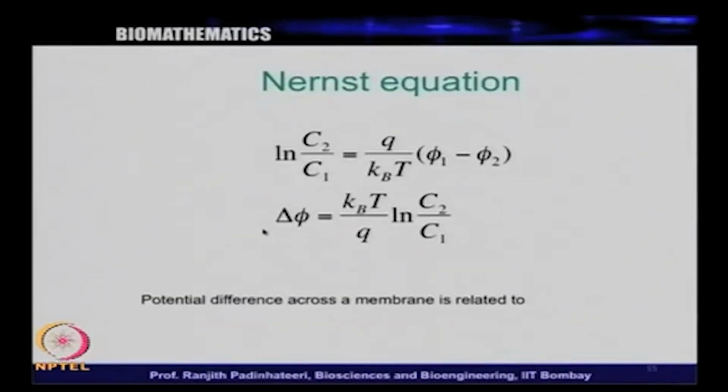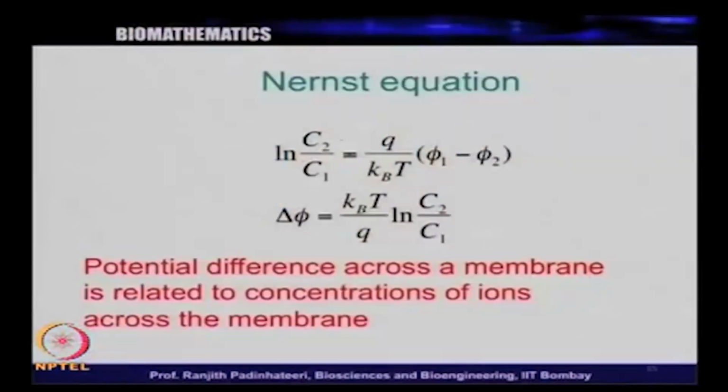So, this is the Nernst equation. Basically, what is happening is that the potential difference is related to the concentration across the membrane. What we essentially end up getting is this equation: log of C2 by C1, which is the concentration on both sides, where C2 and C1 are the equilibrium concentrations at either side, is equal to q by kBT into phi 1 minus phi 2.